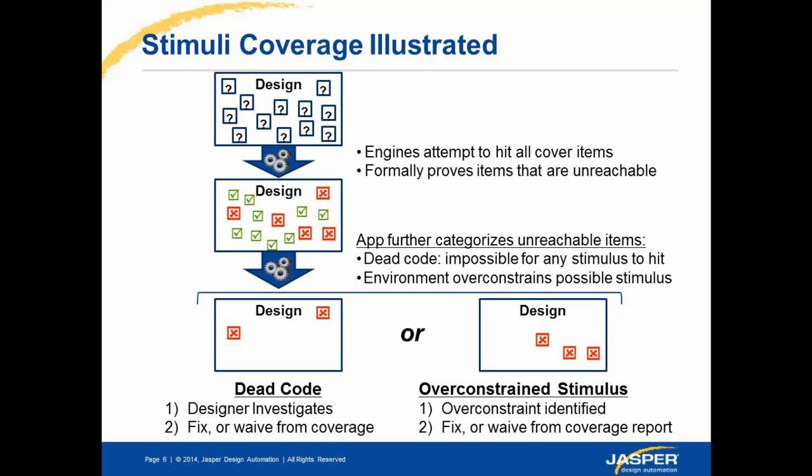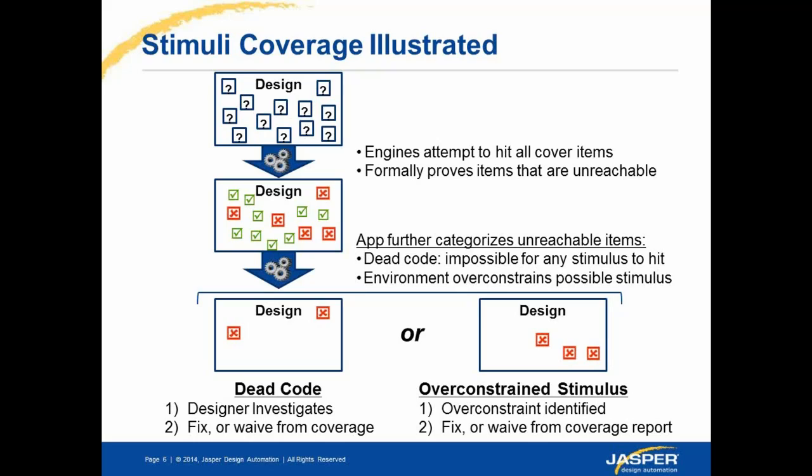So this will form your baseline. This will be the base snapshot, which you will be comparing your formal verification results against. Once you get the baseline, you can add in all your constraints and verify your RTL. Your constraints are typically used to either prevent illegal scenarios or direct your formal verification in a certain way. So once you add your constraints, a certain portion of your RTL will be hit or will not be hit as a result. Now you have a baseline to compare this result with.